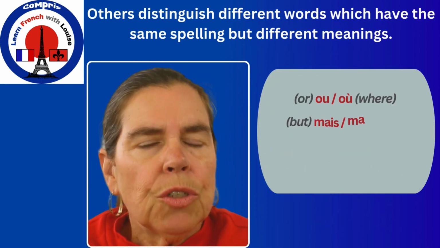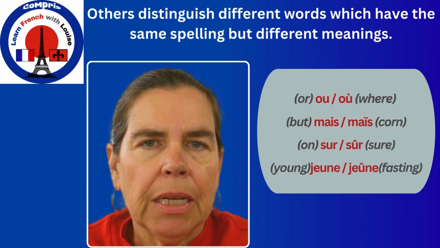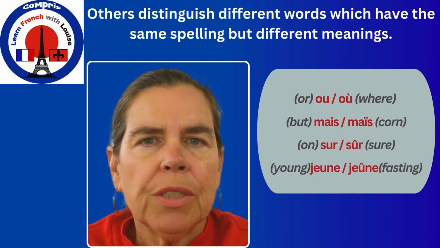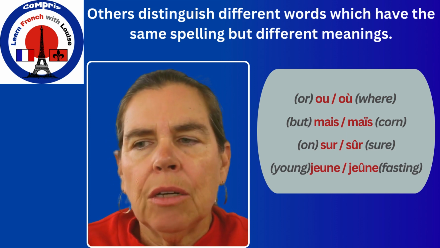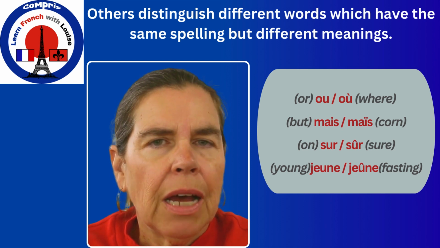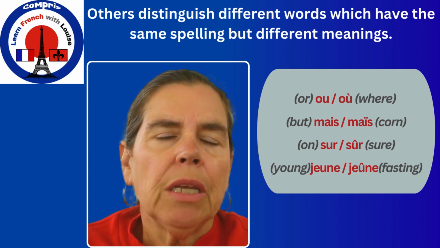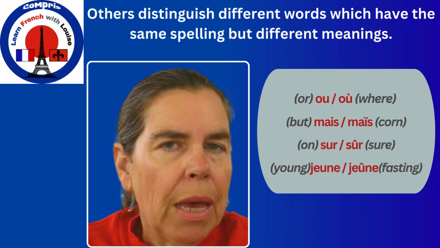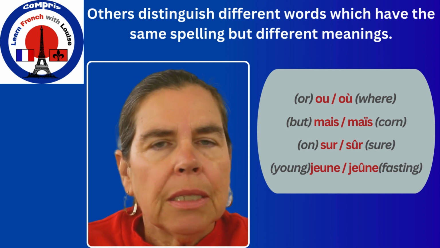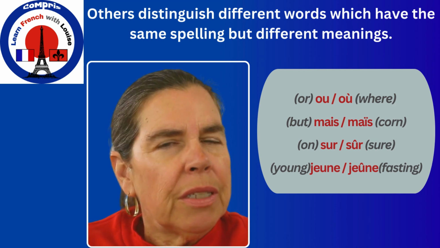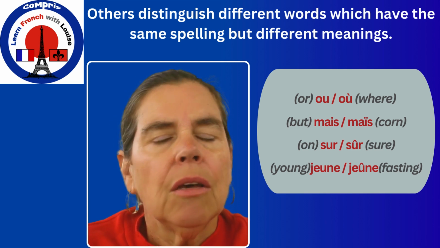Other accents will serve to distinguish between two words which have the same spelling, but which will have two different meanings. For instance, ou without an accent grave means or, but où with an accent grave means where. Mais without tréma means but, and with the tréma, maïs, the sound is different and it means corn.